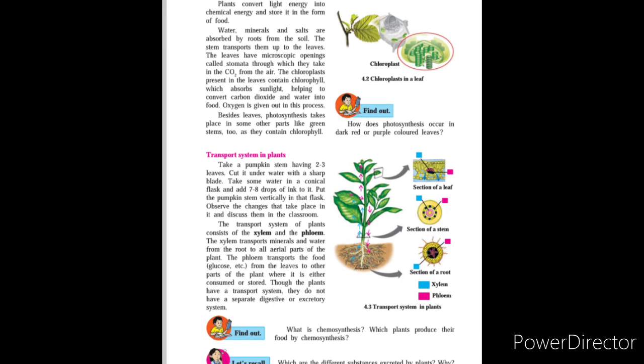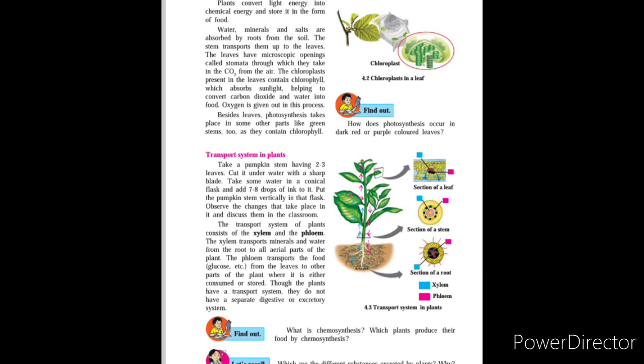Now the next question: find out what chemosynthesis is, and which organisms produce their food by chemosynthesis. See the answer here. Chemosynthesis is the synthesis of organic compounds by bacteria or other living organisms using energy derived from reactions involving inorganic chemicals, typically in the absence of sunlight, and these reactions go on at the bottom of the sea.